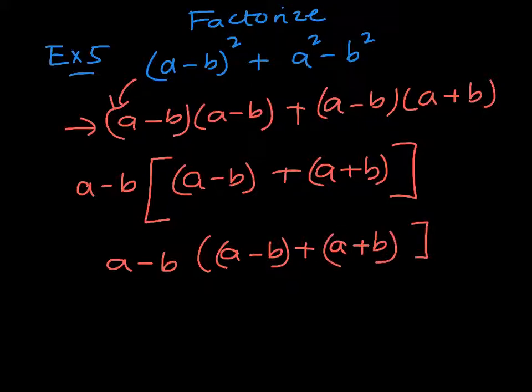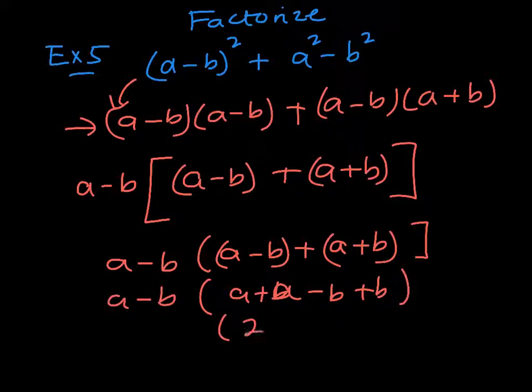And we can simplify this further to be a + a - b + b, and that gives us a + a is what? 2a, and -b + b gives us what? 0. So (a - b) into 2a.